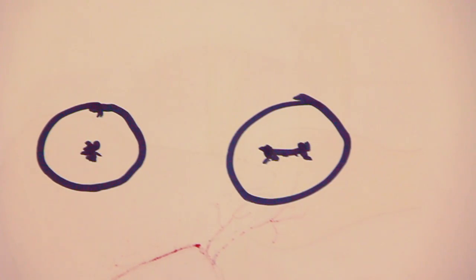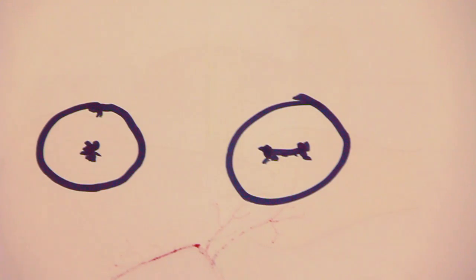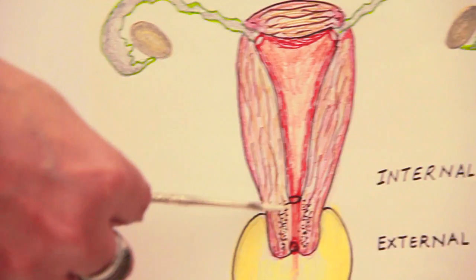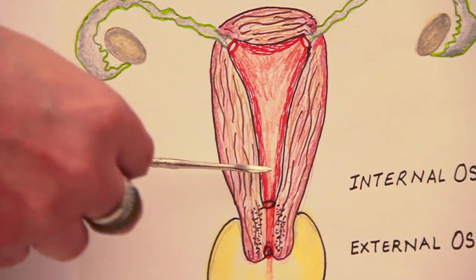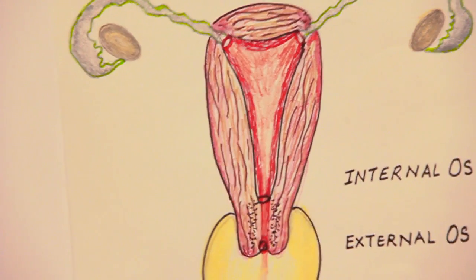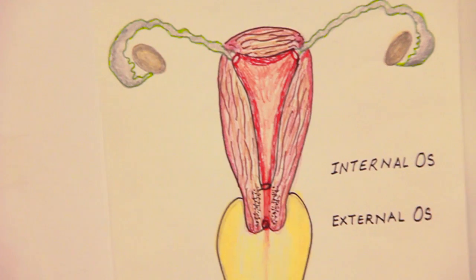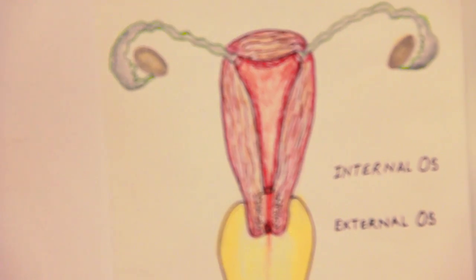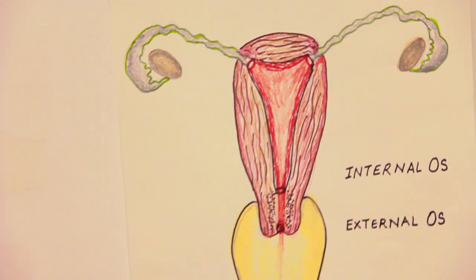Now, the other thing I want to mention when we are discussing the cervix is that the endocervix is the part of the cervix which is in continuation of the uterus, the uterine canal. The lining epithelium of the endocervix is simple columnar type, just like the lining epithelium of the uterus.